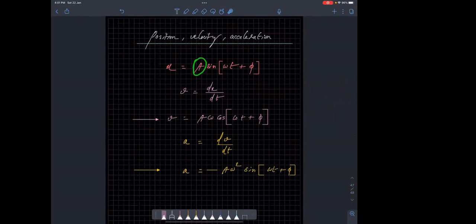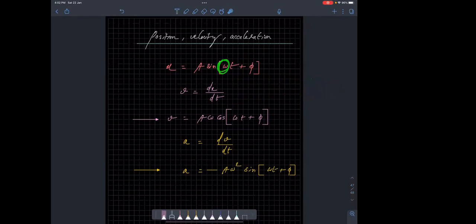So this is in our hands. What will phi depend on? Phi depends on what our initial time of observation is. You can start observing while it was at mean position, or at extreme position, or somewhere between extreme and mean position also. So phi will depend on what your initial instant of observation is.